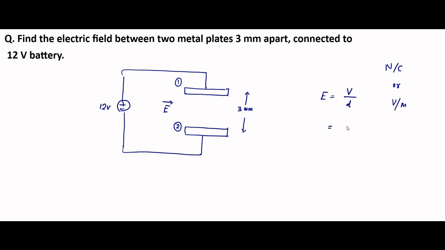So here the potential difference is 12 volt and the separation gap is 3 millimeter, which is 3 into 10 to the power minus 3 meters in MKS units. So it is 4 into 10 to the power 3 volt per meter. That is the electric field between plates 1 and 2 here. So very simple and straightforward.